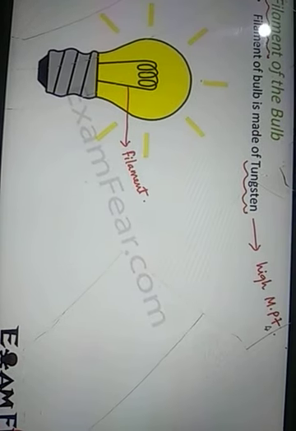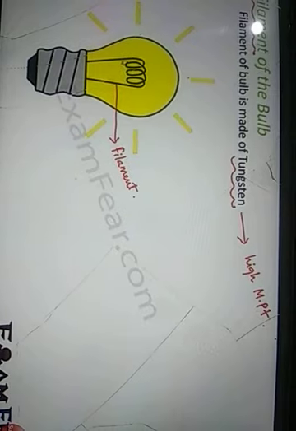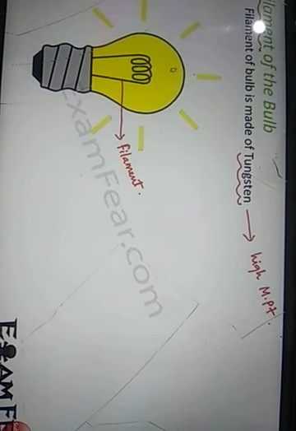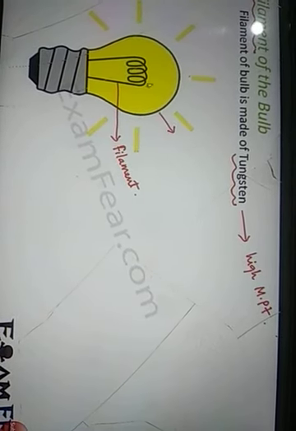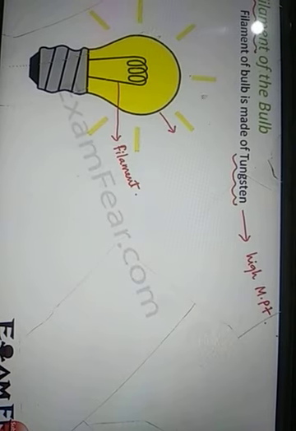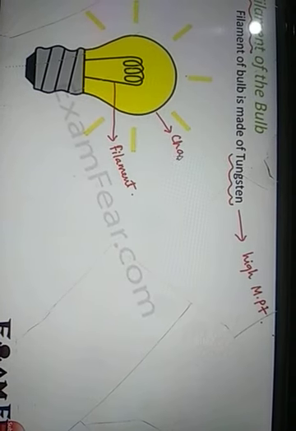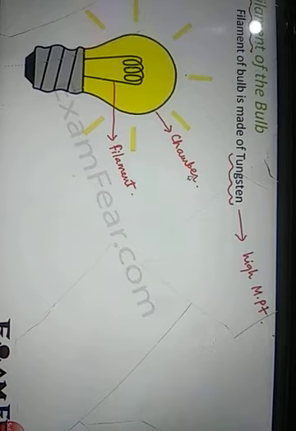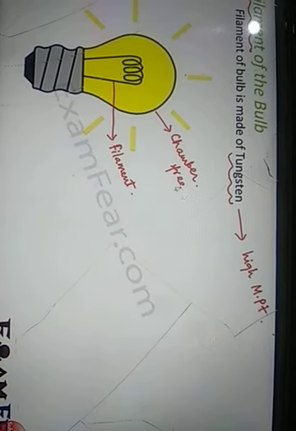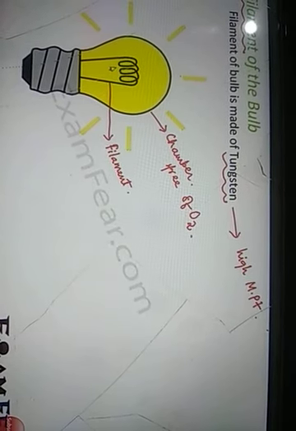And that is why this filament is sealed inside a chamber, the glass chamber which you see outside the bulb, and it is ensured that this chamber is free of oxygen. Because if even a little bit of oxygen reaches this chamber, then the filament will burst and catch fire. Right? So I hope this is clear to you.